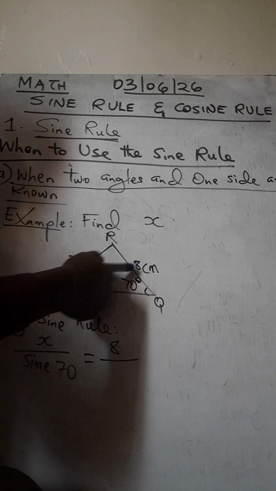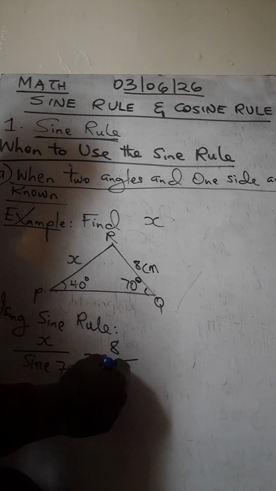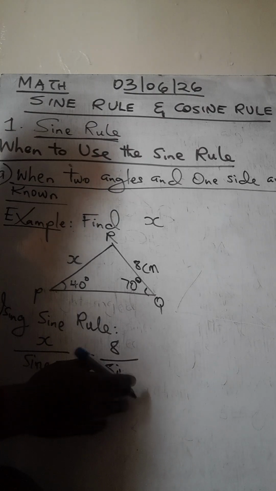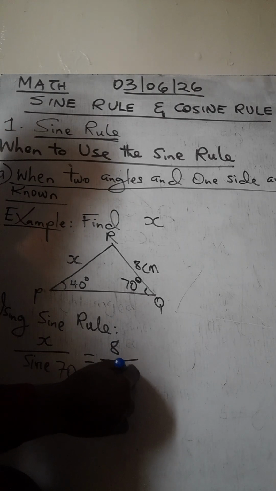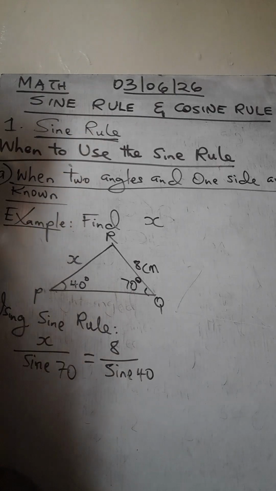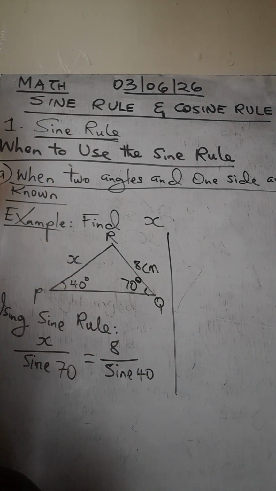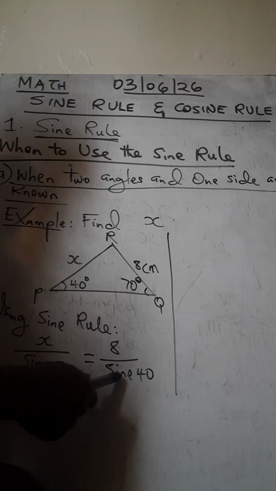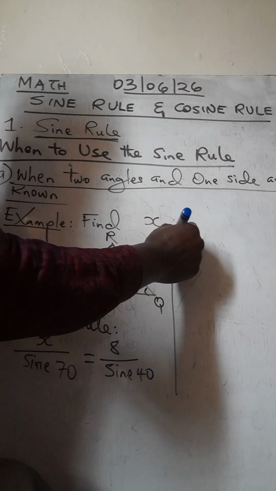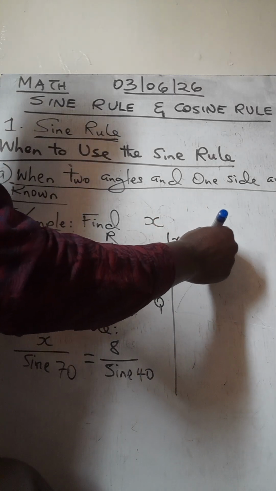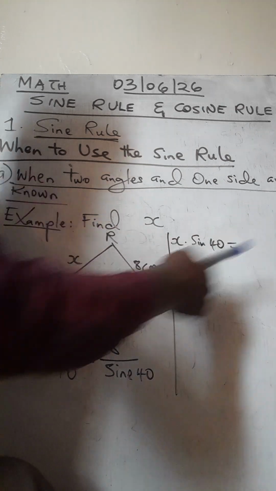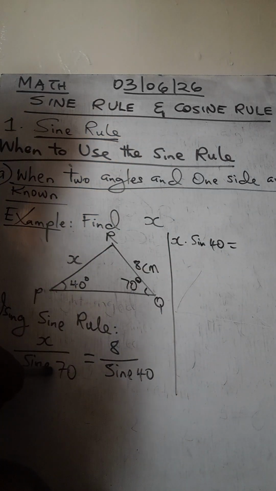So that's 8 over sine of 40. So you can simplify this and say x times sine of 40 equals 8 times sine of 70.